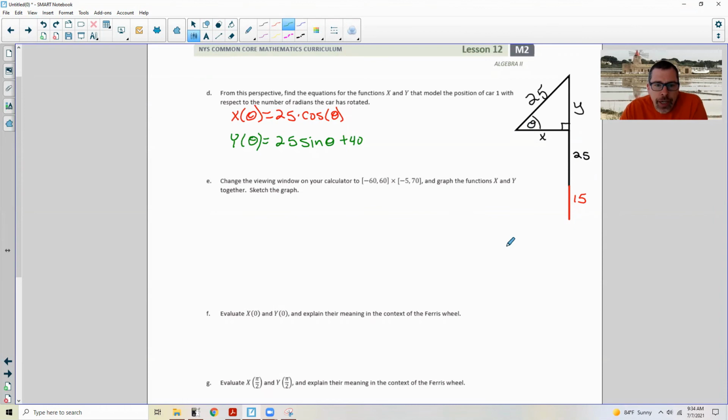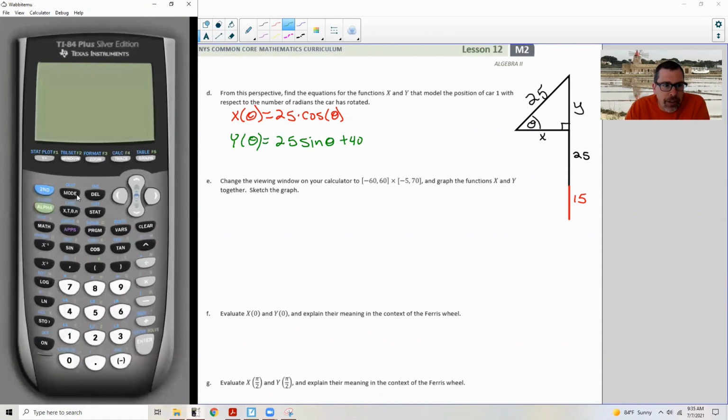Part E says, change the viewing window on your calculator to negative 60 to 60, negative 5 to 70, and graph the functions x and y together. So now I want to change the viewing window and graph these. So I'll go back to my calculator, go to my window, and now I want the x minimum to be negative 60, and the x maximum to be 60.